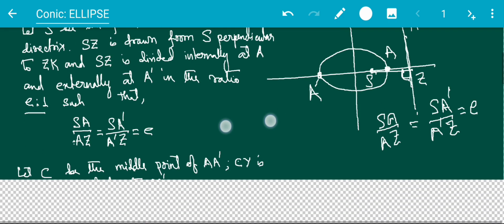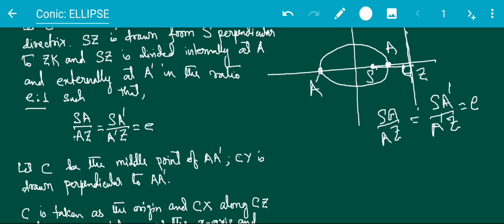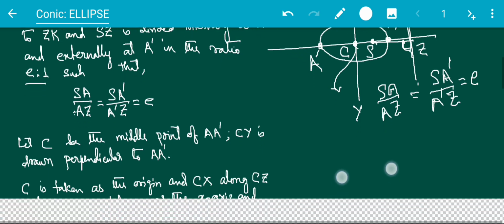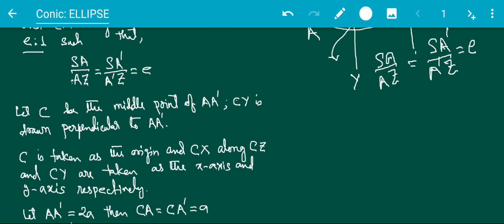Now you remember this diagram. Let C be the middle point of A A dash, and CY is drawn perpendicular to A A dash. C is taken as the origin of the coordinate axes, with CX along CZ and CY taken as the x-axis and y-axis respectively.